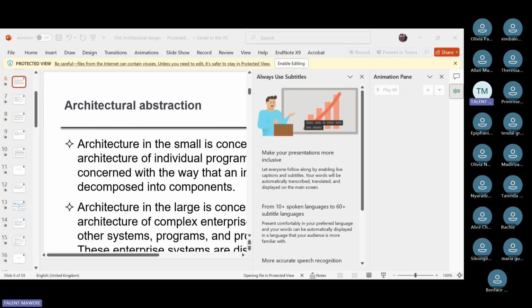Let's talk about advantages of representing a system's architecture. What are the advantages? One, it enables you to communicate with the stakeholders.